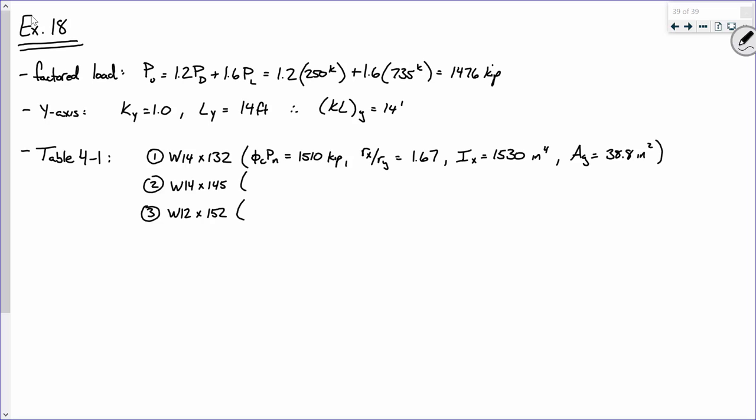All right, so everybody over here on the left side of the room, W14 by 145, so help me out. What's VPN? 1690. What's the RX over RY? Somebody else. 1.59. The moment of inertia, somebody else. 1710. And the gross area, somebody else. 42.7.